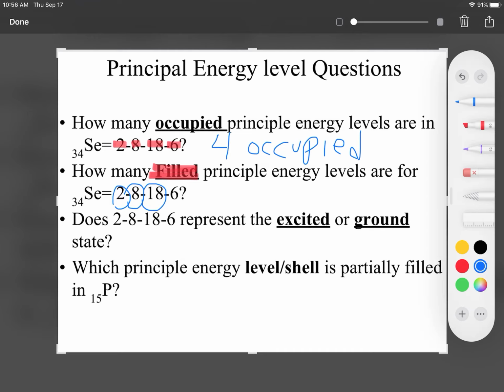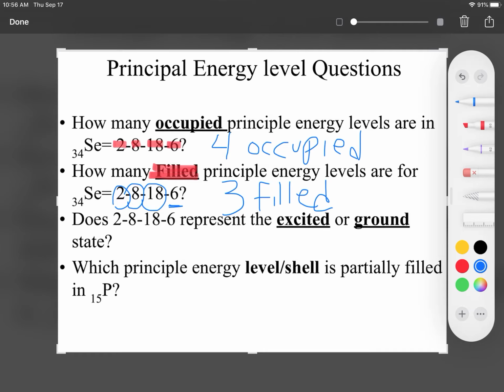Well, the fourth one can hold up to 32. This only has 6 here. So the question is, is this one filled? No, because it can hold up to 32. So how many are filled? Well, if you notice, the first, second, and third are filled. The fourth is not. So there's only 3 that are filled. Again, the fourth holds a max of 32. This only has 6 electrons there.